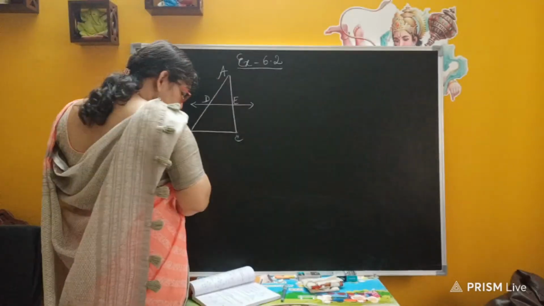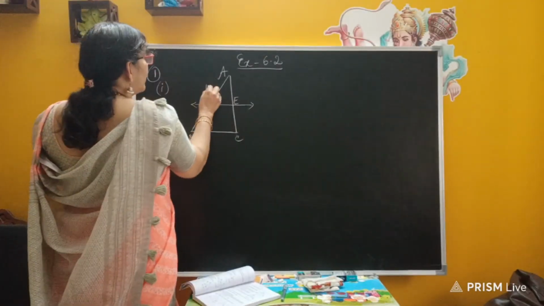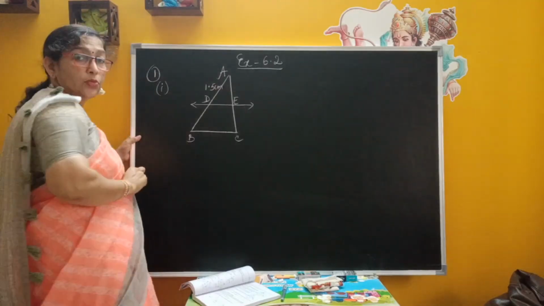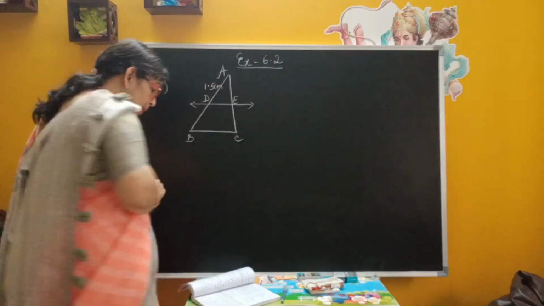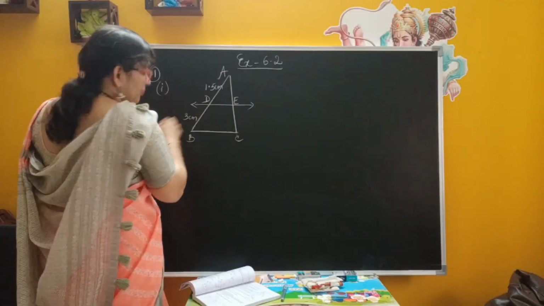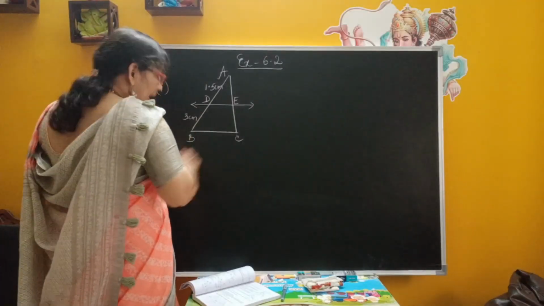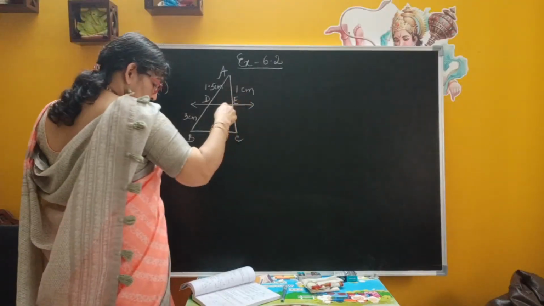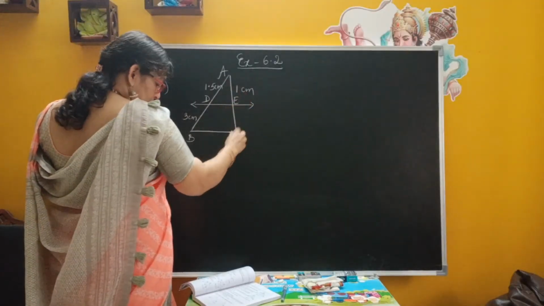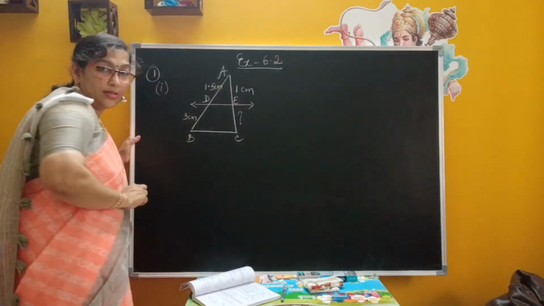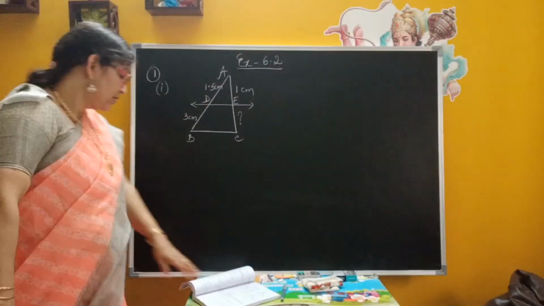And some measurements are given. Length of AD is 1.5 centimeter and length of DB is 3 centimeter. Then AE is equal to 1 centimeter and EC we need to find. Find the length of EC. So this is the question.